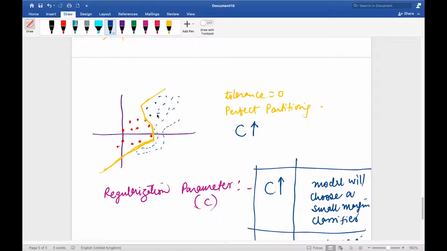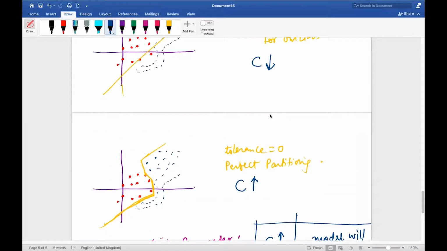Then which one should you choose, a high value of C or a low value of C? In coding, we will treat it as a hyperparameter, try different values of C, and then decide which value to use. A high value of C is bad, and a low value of C is also bad. We have to get a trade-off between them.